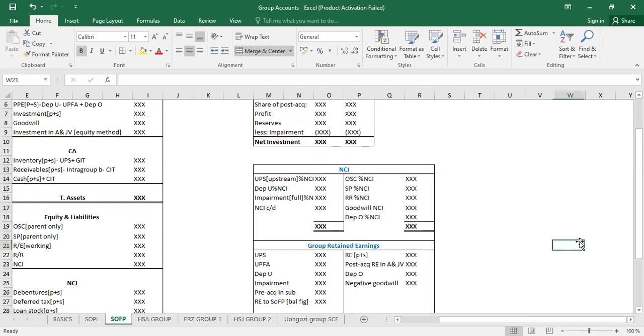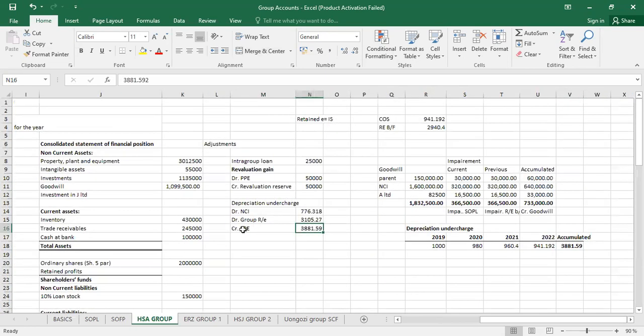Here, you can see depreciation we have debited. This is the debit side. We have debited depreciation undercharge percentage of NCI, while group retained earnings has depreciation undercharge percentage of parent. Here the percentage is not there. It goes in as a percentage of the parent. So that's why we have done it this way. Hope you are getting it.